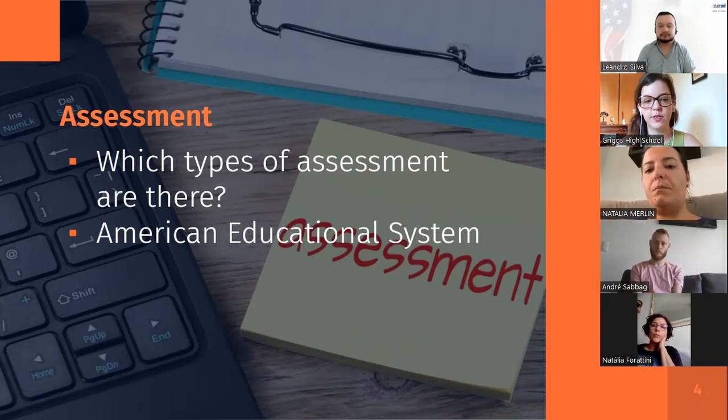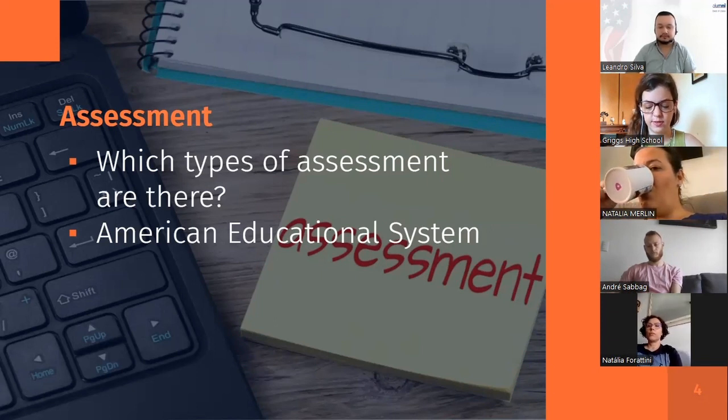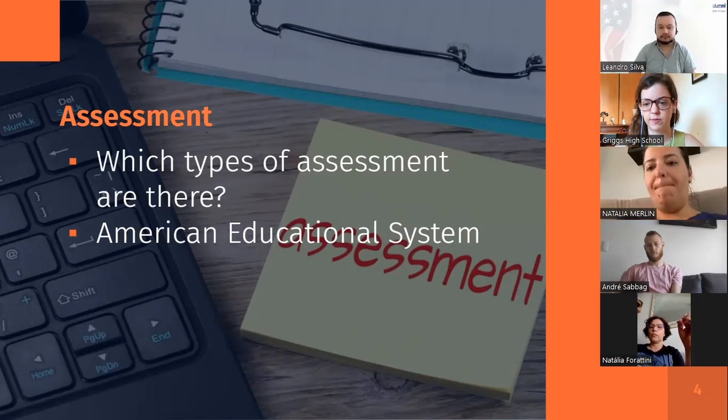And remember that we're dealing with the American educational system. So how does assessment and grading work in the American educational system? You saw it in the Moodle training. When are the students assessed in this type of educational system? Or when and how?